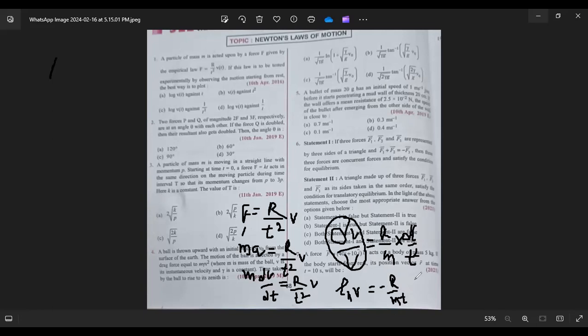You know how to integrate 1 upon t square.